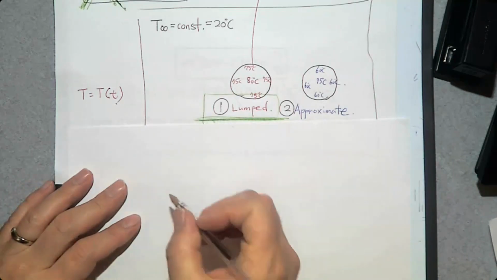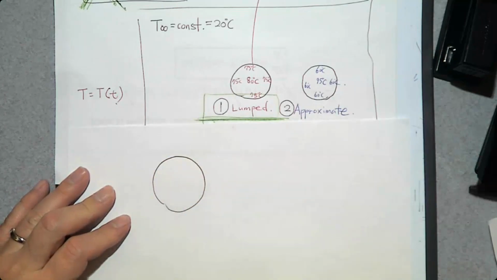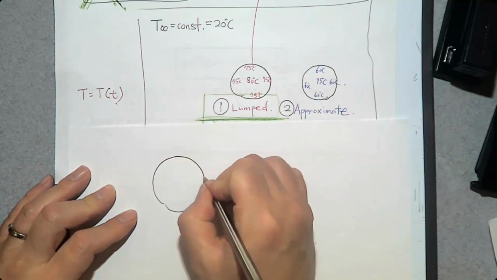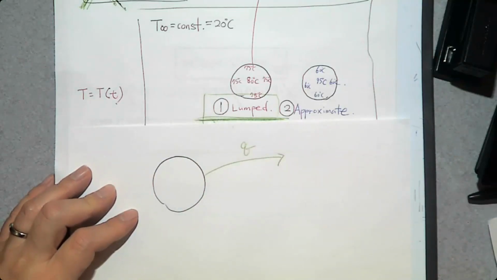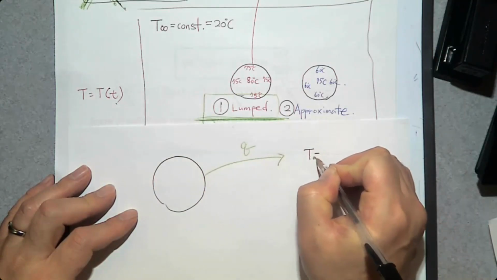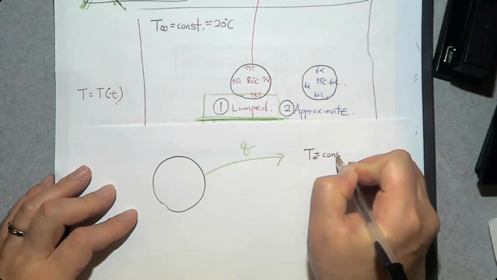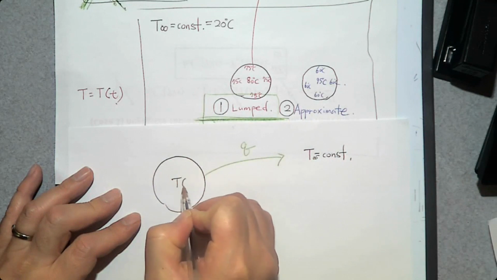Our assumption is we have a solid and there's a heat transfer from the solid to the surrounding fluid. So there's a Q. And the temperature of the surrounding is going to be T infinity, which is constant, and the temperature of the solid is going to be a function of time.